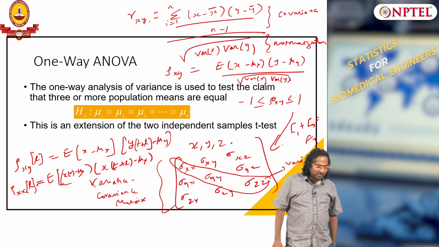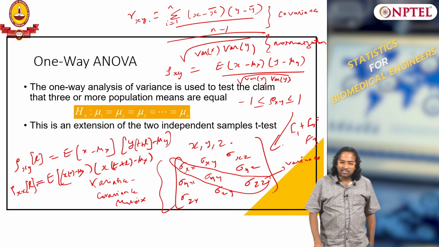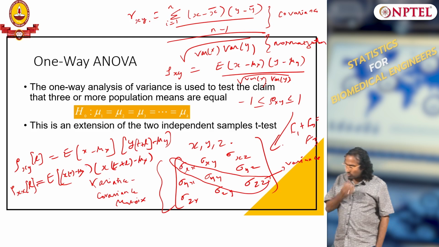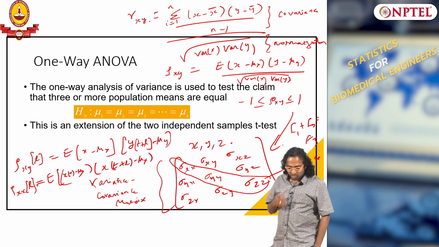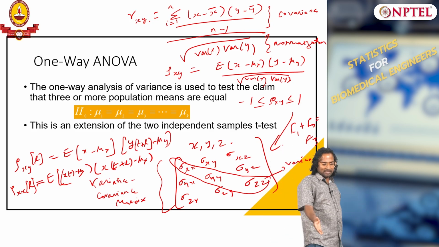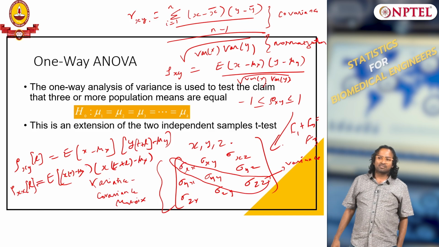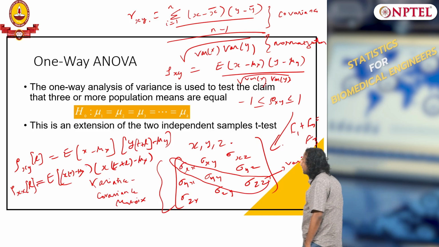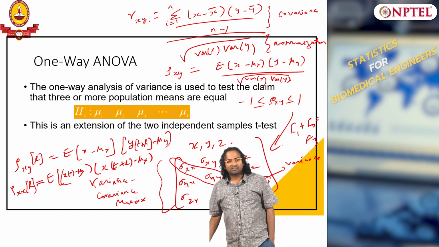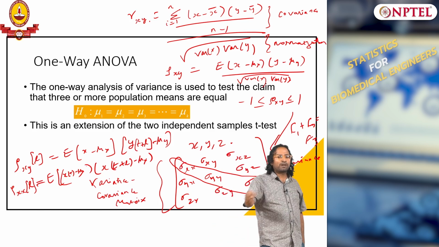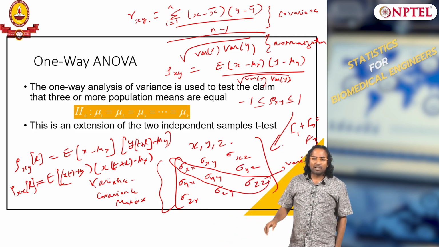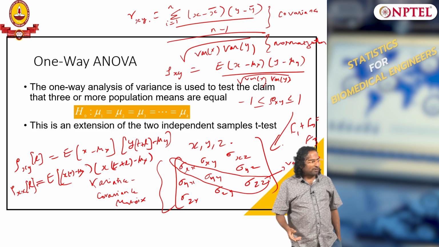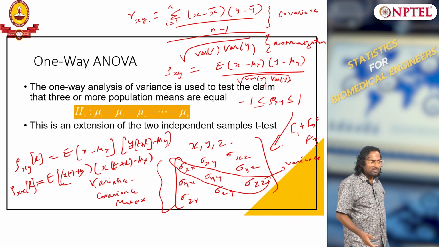ANOVA stands for analysis of variance. The one way analysis of variance tests the claim that all the means are equal: mu1, mu2, mu3, mu4. In your biomedical sense, this could be different treatments for the same complication or same underlying disorder, right.